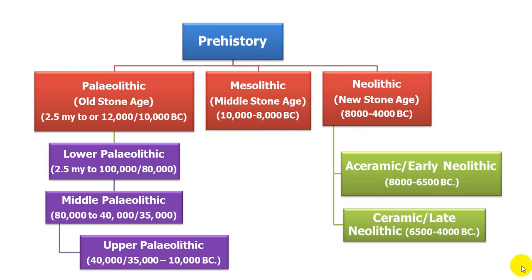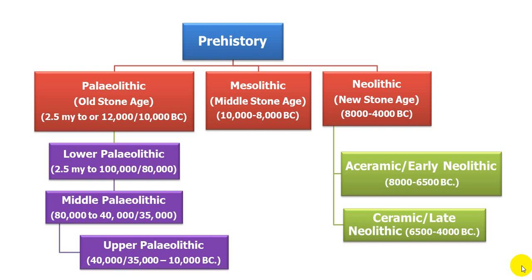It was followed by Middle Paleolithic, roughly 80,000 up to 40,000 or 35,000 BC. The Upper Paleolithic is the last period of the Paleolithic culture, starting from 40,000 or 35,000 up to 10,000 BC.